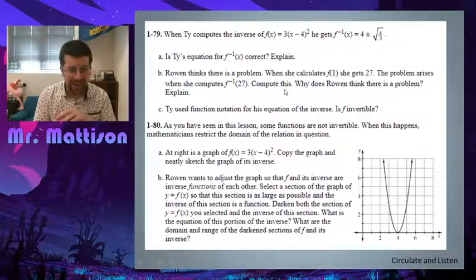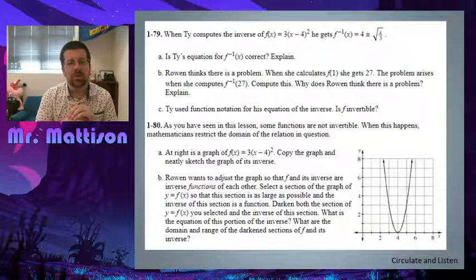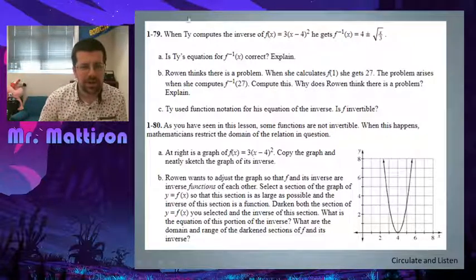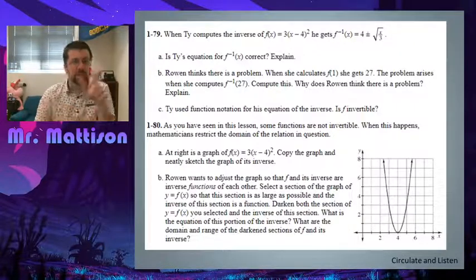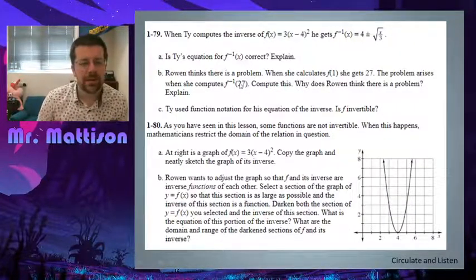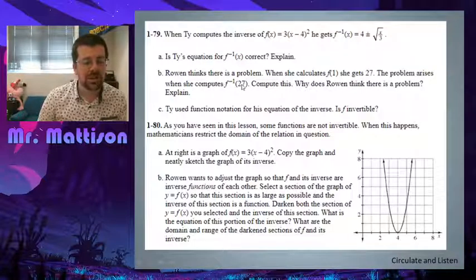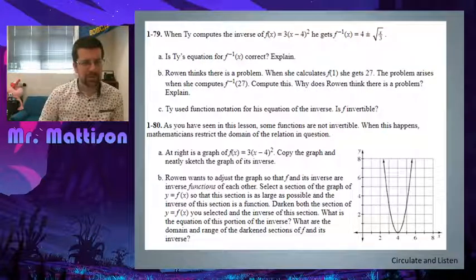But we think that there's a problem, right? If we plug in 1, we get 27 for the original. So I plug in 1 here, I get 27. So f of 1 is 27. That should mean that the inverse, if I go backwards with it, the inverse of f of 27 should give me 1, but does it, right? So let's try that out.